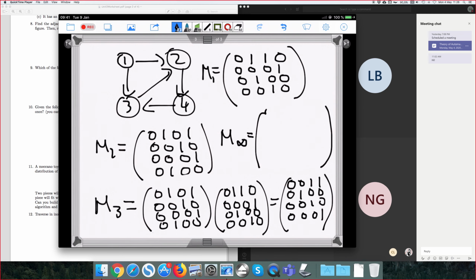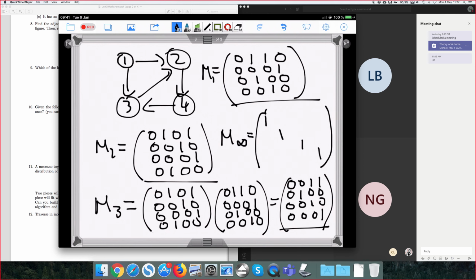I know that I will have ones on the main diagonal. This comes from the identity. Now I check whether I have ones in the rest of the positions in any of the matrices that I have computed: M3, M2, M1.